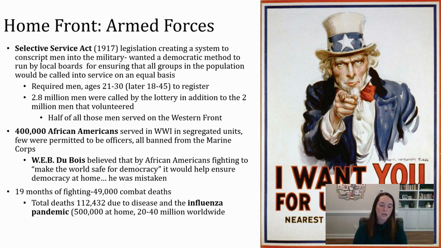What it did is it created local draft boards to make sure that all groups in the population would be called on an equal basis. If you remember, during the Civil War it was big government, and there was a lot of politics to it and a lot of corruption. If you were wealthy, you could pay a fee and someone would replace you. Those things were not going to happen with the Selective Service Act.